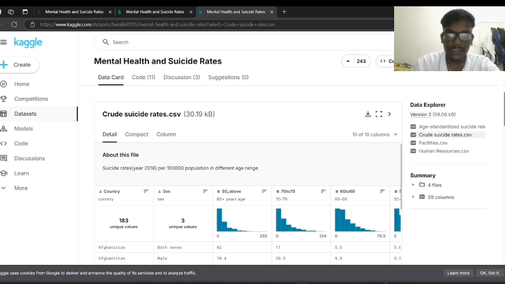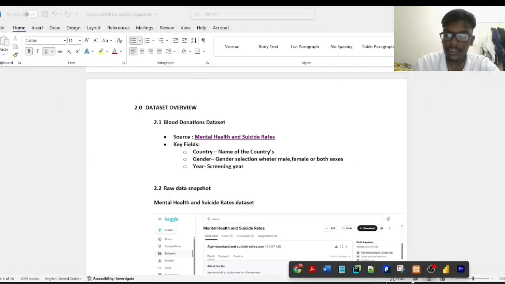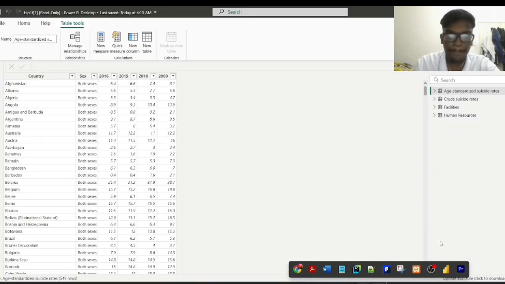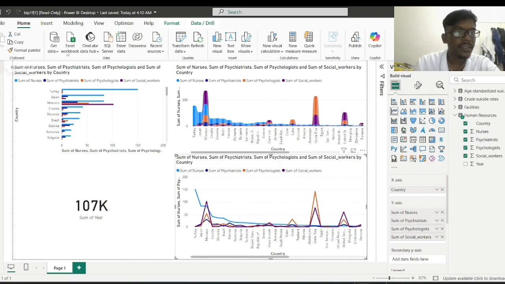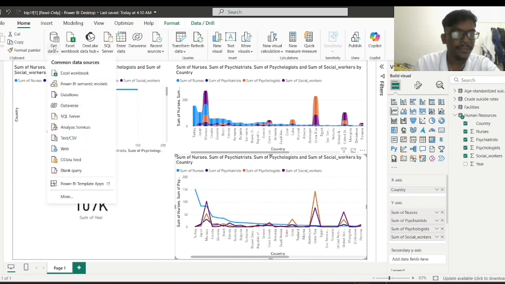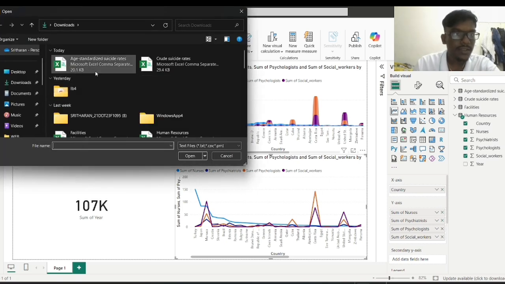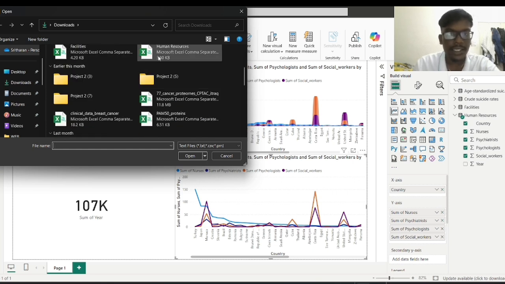After you download the dataset, you need to insert the dataset into Power BI app. So for the dataset, you can click the get data and text CSV. So here you can choose the age standardized suicide and group suicide rates and also facilities and human resources.